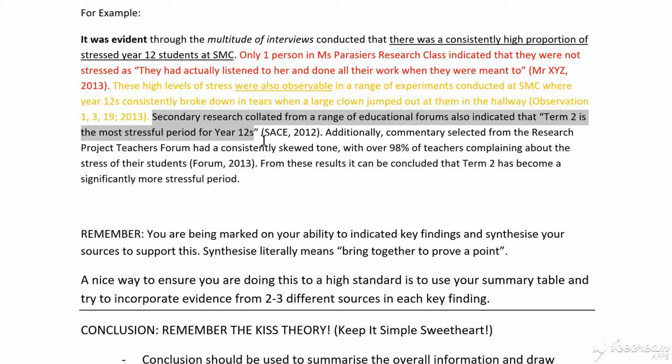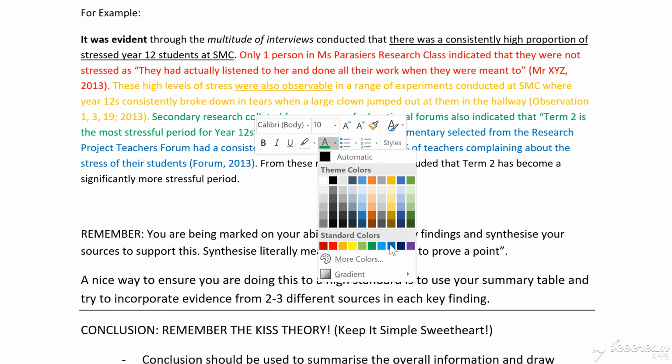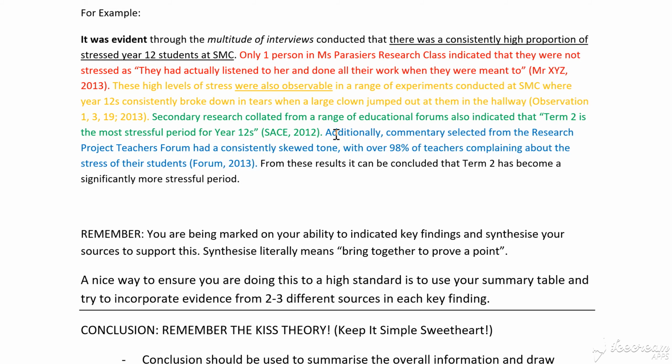Then you can see that we've pulled some fake evidence off of the SACE board, and then we've pulled some evidence from a forum, and throughout each one we're getting this linking. So it's not just randomly slapped in, it's really clearly building to prove that what we have going on is 4 pieces of really strong evidence that have allowed a conclusion to be drawn.